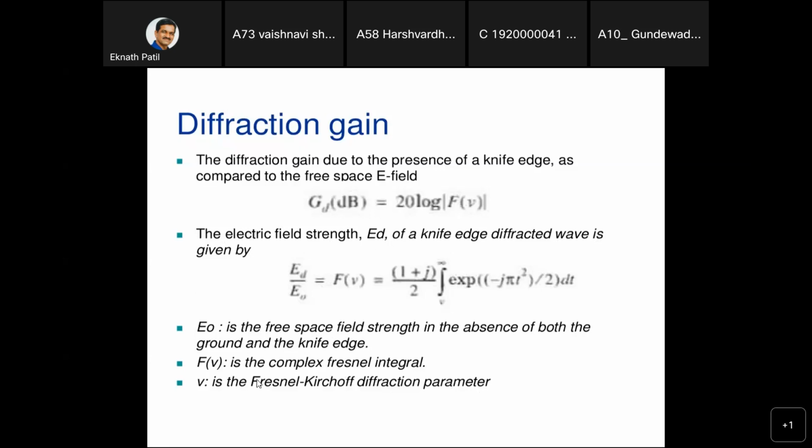Diffraction gain one can calculate as G_d in dB equal to 20 log of F of V, where F of V is the complex Fresnel integral. And we know the Fresnel-Kirchhoff diffraction parameter.